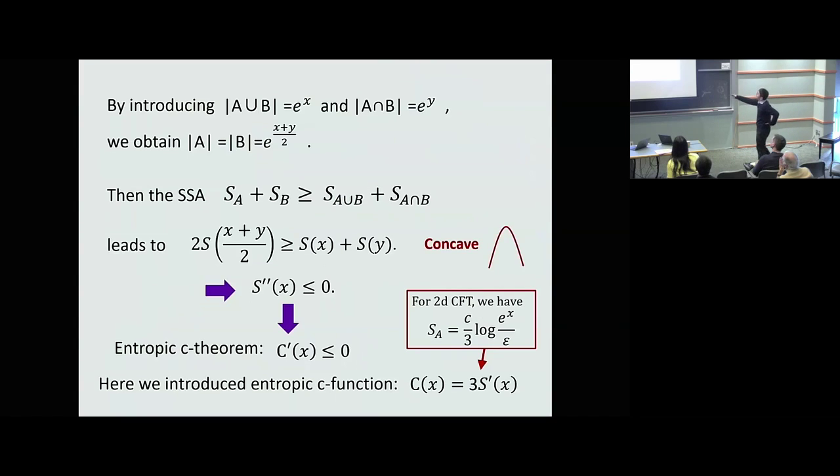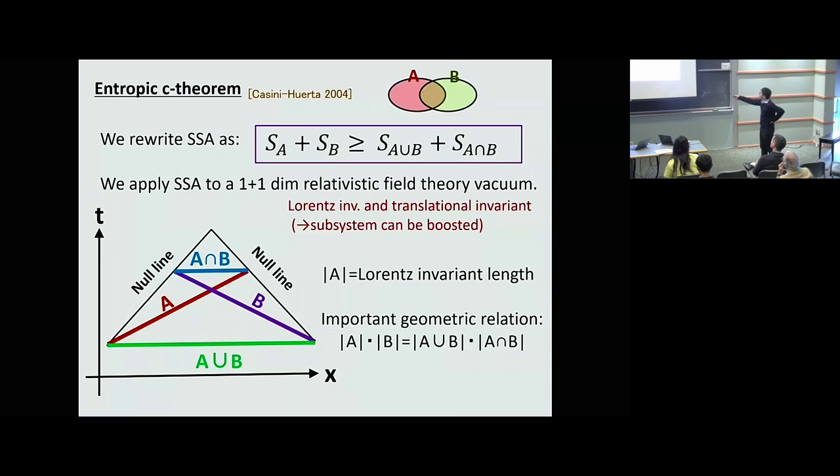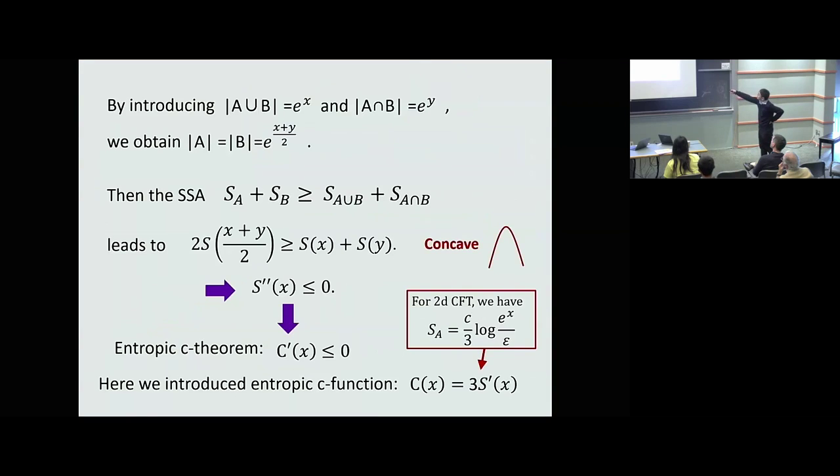Then let's write the length of A union B as e^x, and the length of A intersection B as e^y. Obviously, because of this relation, and because A and B are the same, we can identify it as e^((x+y)/2). Then strong subadditivity: the entanglement entropy is just a function of length because it's Lorentz invariant and translational invariant.